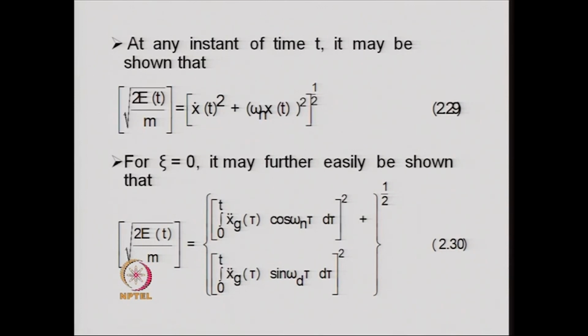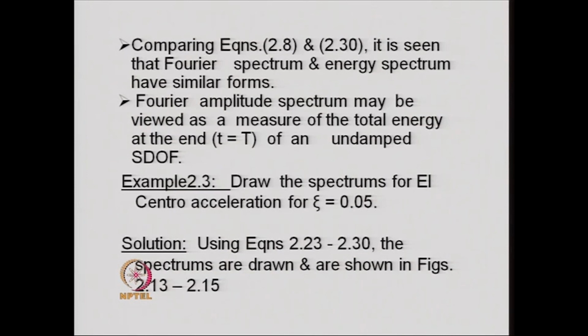So, we generally say that the Fourier spectrum and the energy spectrum have similar form. However, the Fourier amplitude spectrum may be viewed as a measure of the total energy at the end of t equal to t of an undamped single degree of freedom system.